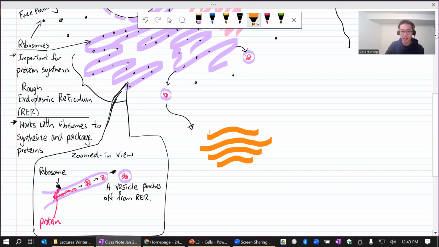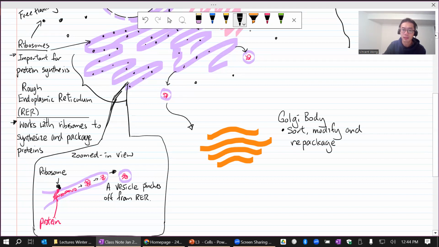It's like a stack of pancakes. And this thing is called the Golgi, Golgi body. And what the Golgi body does is it will sort, modify, and repackage proteins.